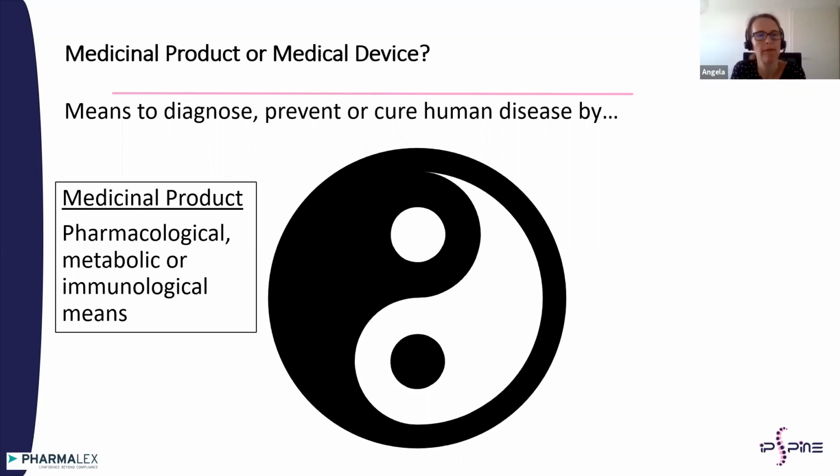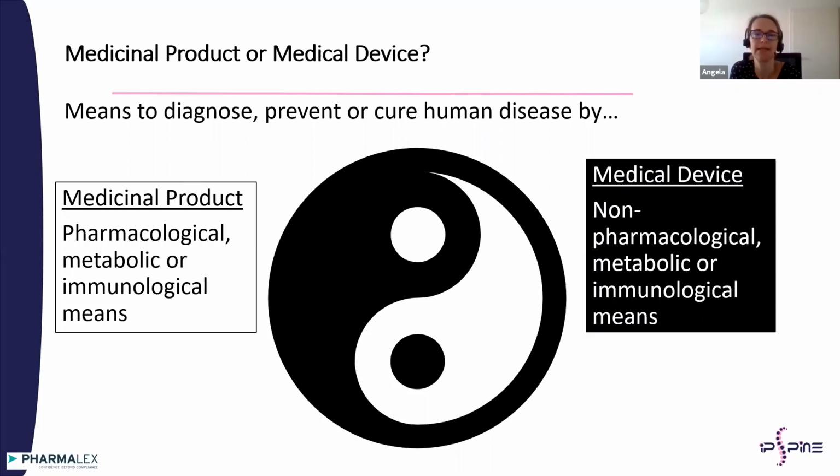So we have the medicinal products that act via this pharmacological, immunological, metabolic means. On the other hand, by definition, a medical device is anything to diagnose, prevent, or cure human disease via a non-pharmacological, metabolic, or immunological mechanism.